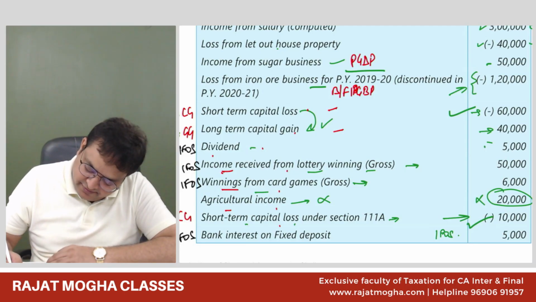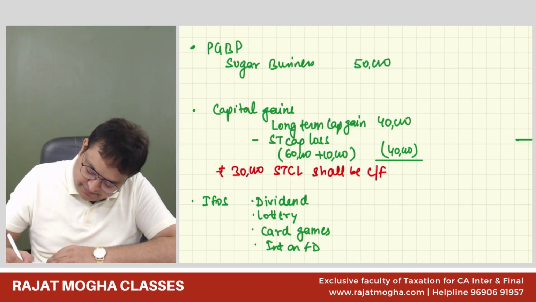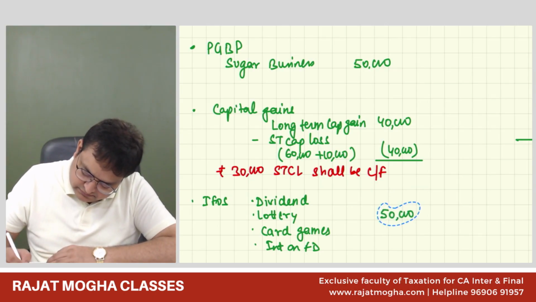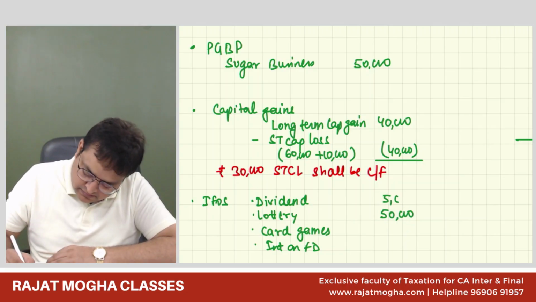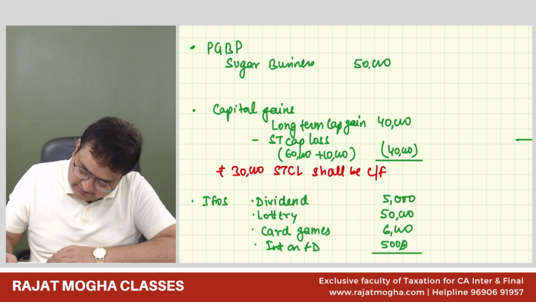Dividend we have 5, 56, and 5. Total $66,000.